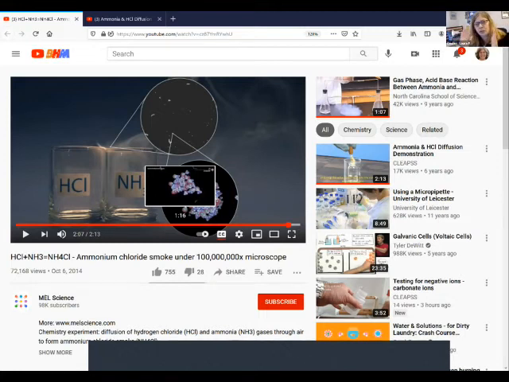And basically what you look for is when those two gases come together, there'll be a white line on the inside of the tube, which will be for ammonium chloride. That means that the ammonium chloride formed there. And that will be where they met each other, okay?